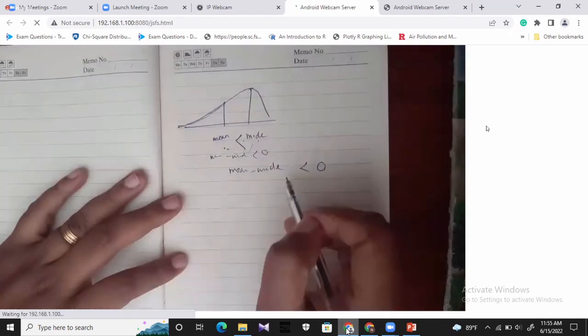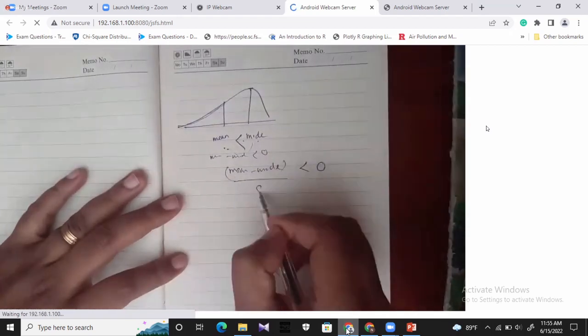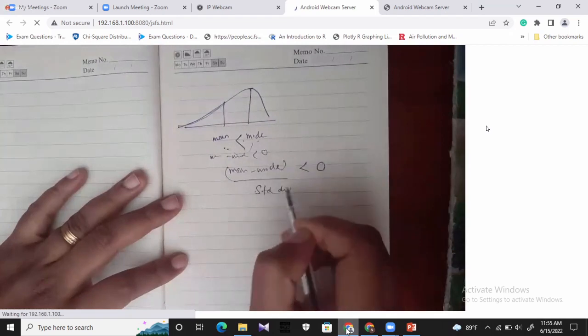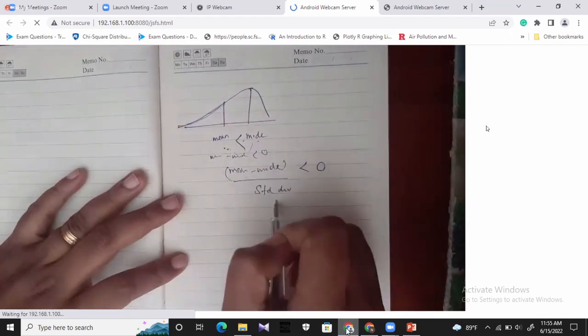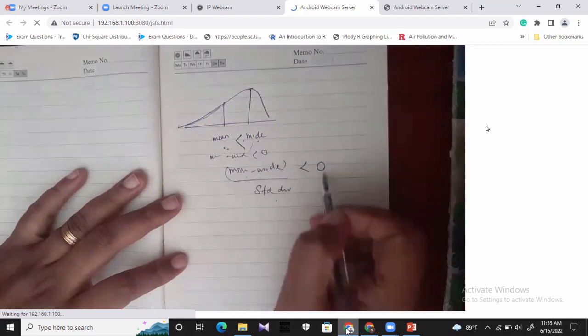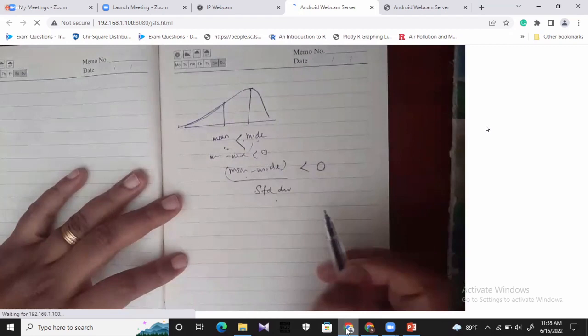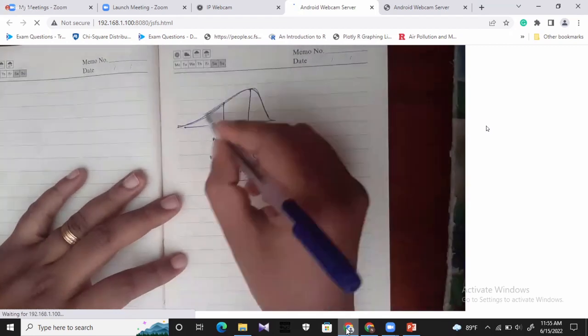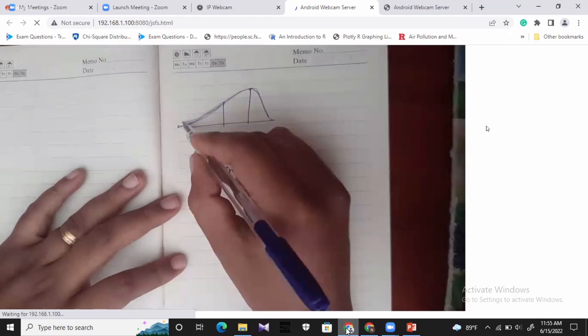Since mean minus mode gives a negative value, what about the term mean minus mode divided by standard deviation? That is also less than 0. Such a distribution we call negatively skewed.